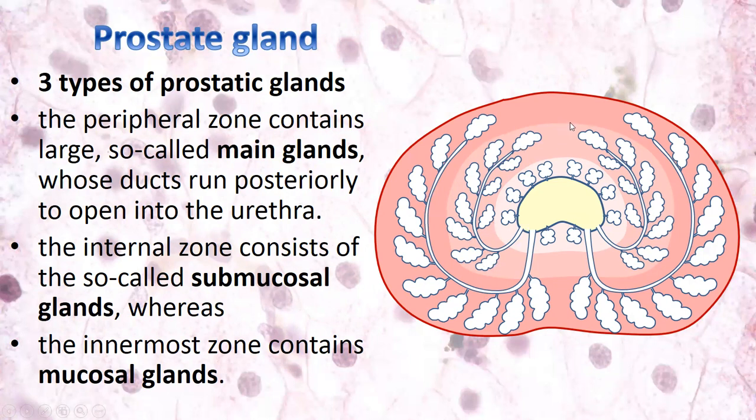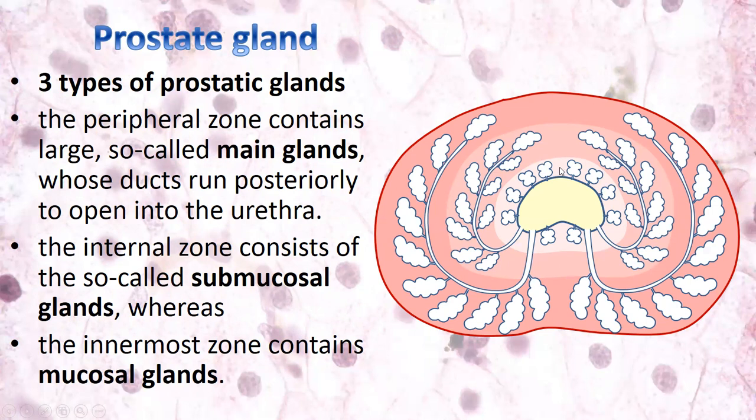Here we can see the second, more internal zone. These glands are located near the mucosa of the urethra, so this zone is called submucosal, and the glands are called submucosal glands. They also open into big ducts which open into the urethra. The innermost zone, under the mucosa of the urethra, is called the mucosal zone, and its glands are called mucosal.